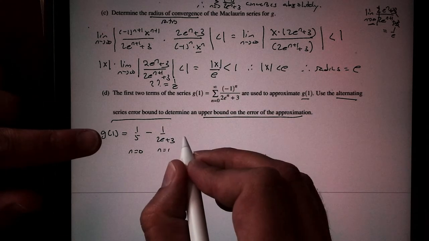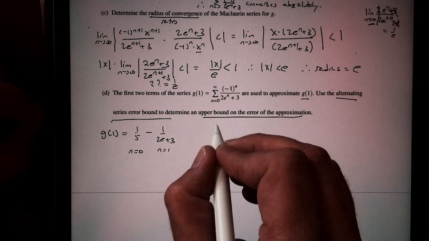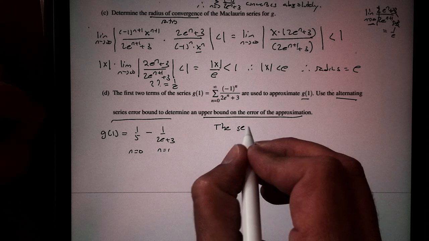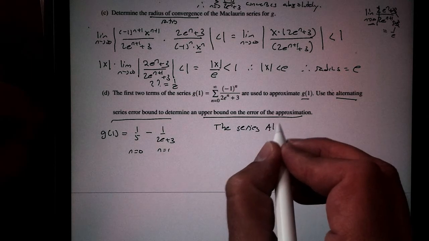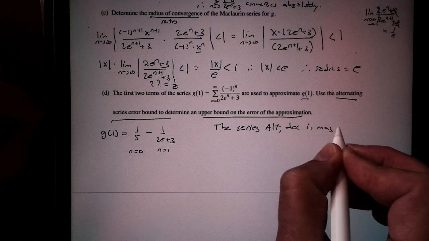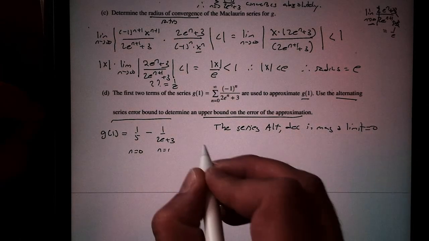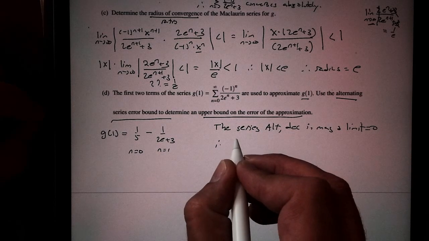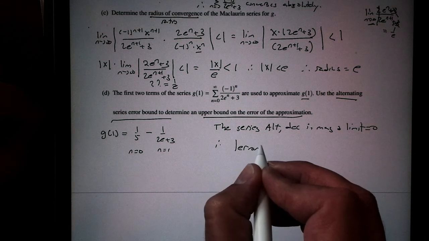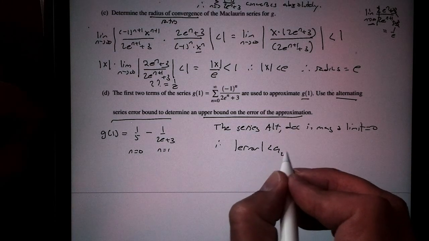And I want to find out how accurate this is, okay? So they're telling me to use the alternating series, so I'm going to set that up. The series alternates, decreases in magnitude, and the limit equals 0. Therefore, the error is less than the next term, a sub 2.